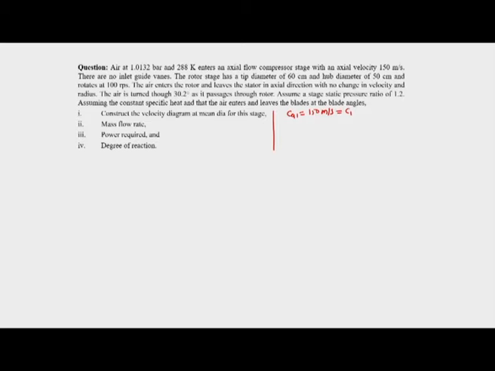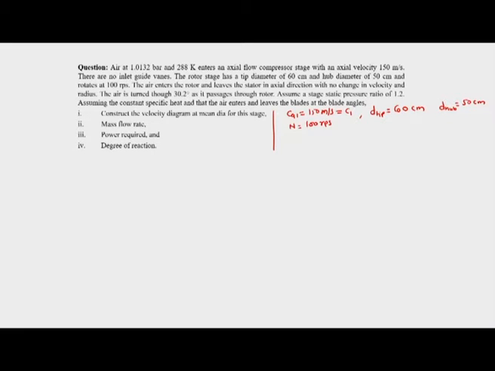The rotor stage has a tip diameter, d tip, equal to 60 centimeter, and hub diameter, d hub, equal to 50 centimeter. These things are given to us, and the rotational speed is given as 100 rps.